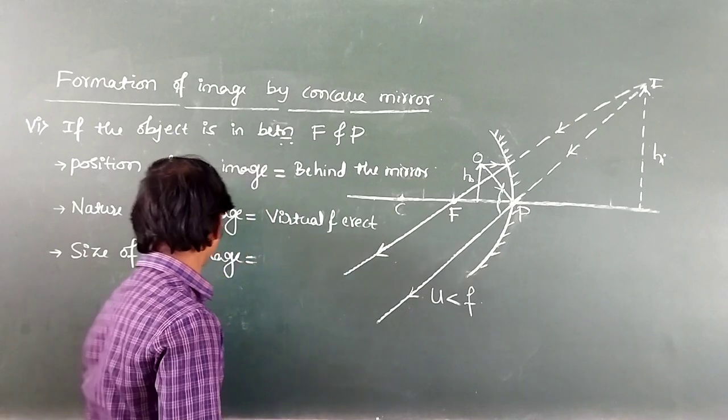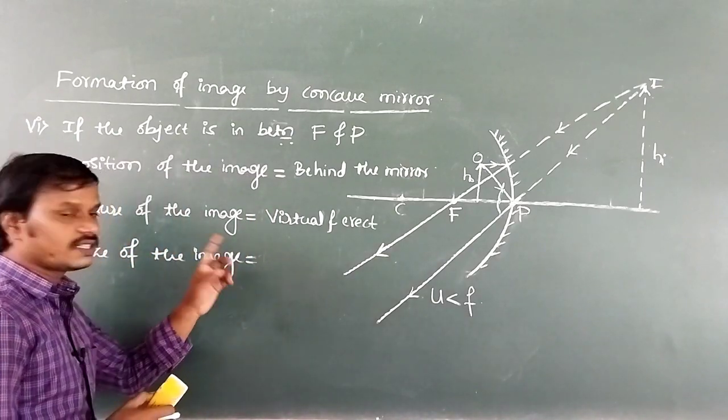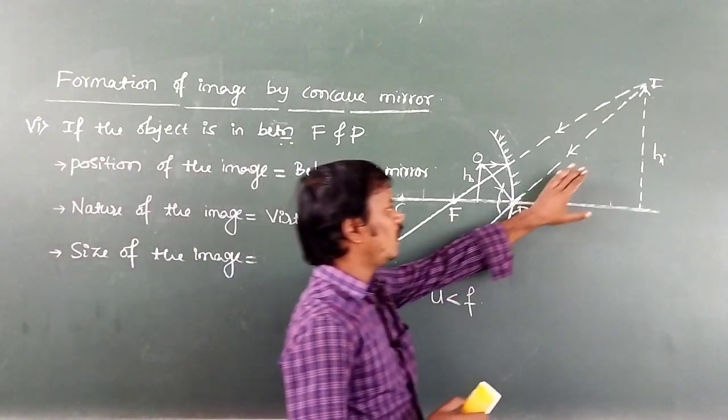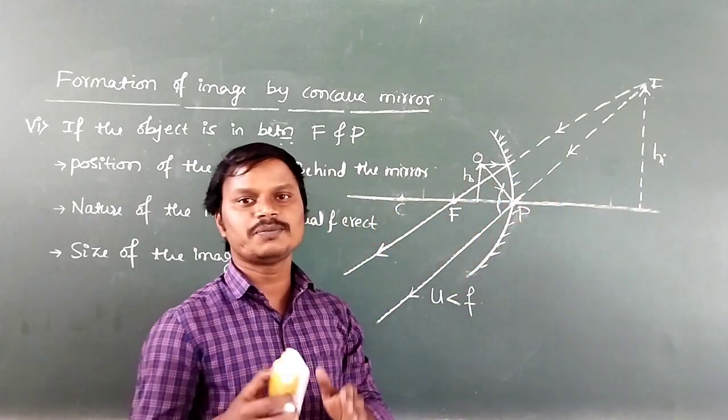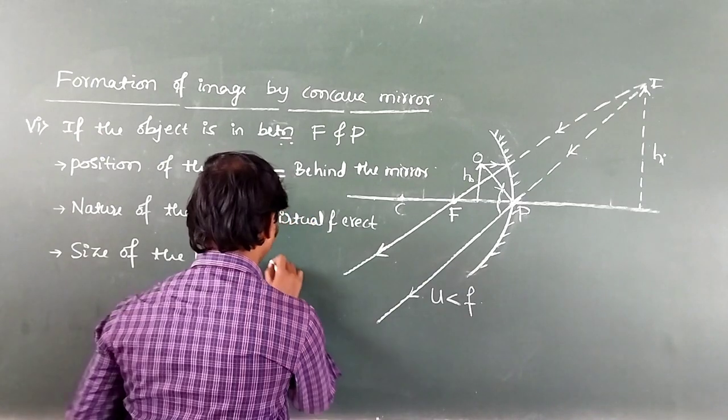Okay. Next, the size of the image is magnified. See here, the height of the image is greater than the height of the object, hence the size of the image is said to be magnified.